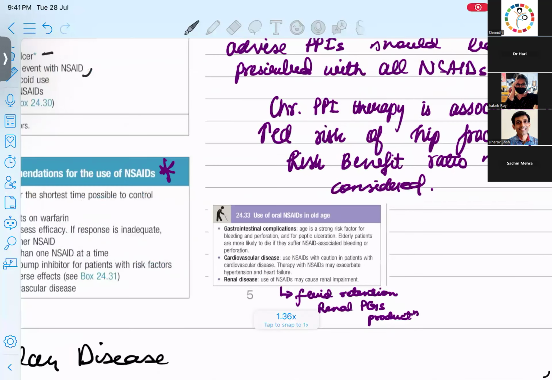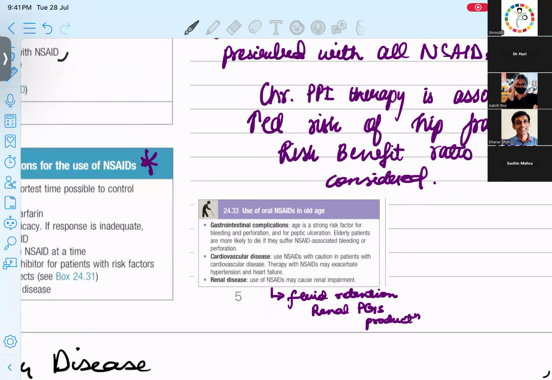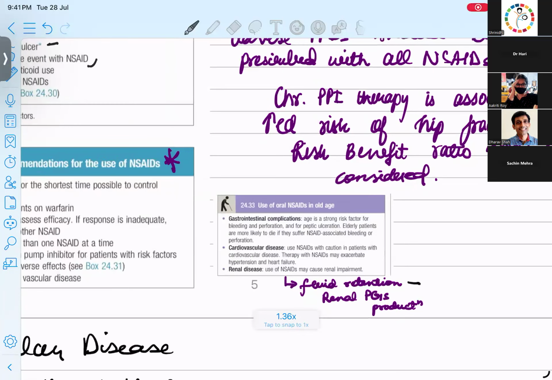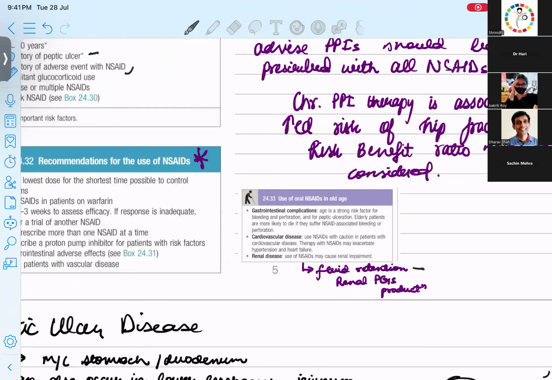So in old age specifically, we have to remember three headings for NSAIDs: we can have gastrointestinal complications, which we saw; cardiovascular disease, so use NSAIDs with caution because they can exacerbate hypertension and heart failure; and renal diseases too, because NSAIDs cause fluid retention and decreased renal prostaglandin production.